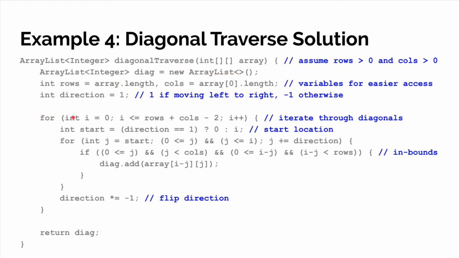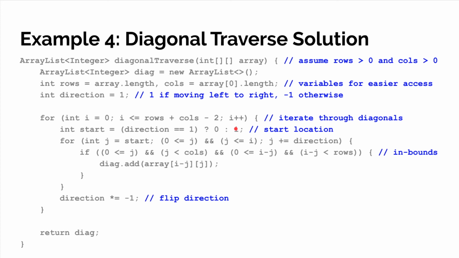So we're going to iterate from diagonal 0 to diagonal row plus column minus 2, right? M plus n minus 2. And having our start, if the direction is 1, then our start location is 0. Otherwise, we start at the opposite end.